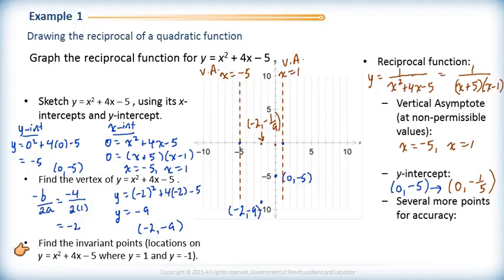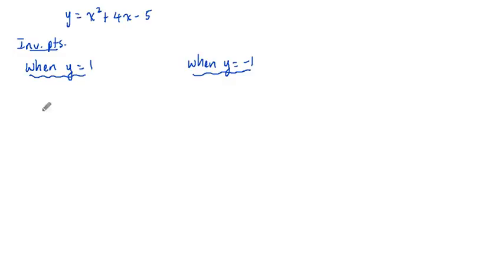Next, we find the invariant points. When y equals 1, first of all, we set x squared plus 4x minus 5 equal to 1. And when y equals negative 1, we set the expression x squared plus 4x minus 5 equal to negative 1. They're both quadratic equations now, so I have to make them equal to 0 to solve them.